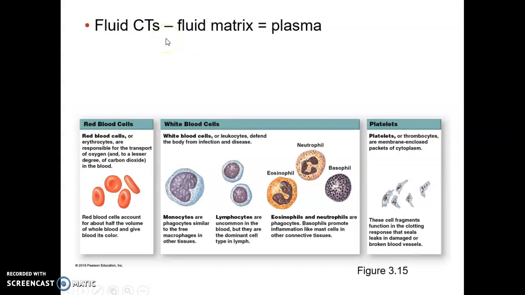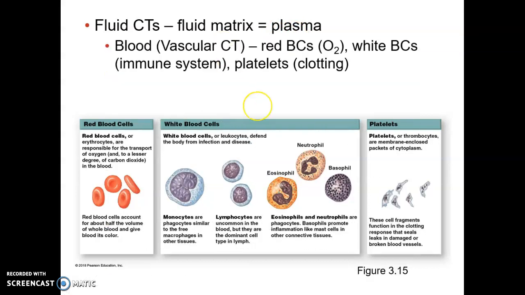Fluid connective tissues. So this is our blood, and the matrix of blood is the extracellular matrix, which is what we call plasma. So it's a unique connective tissue in which the matrix is actually a fluid, as opposed to kind of being semi-solid.